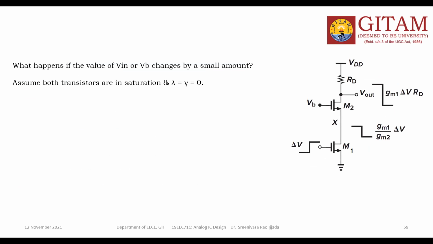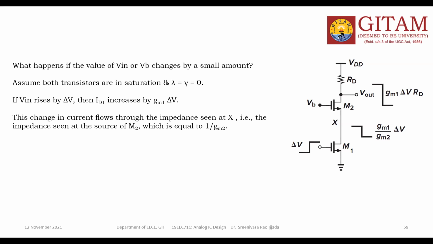Whenever the two transistors' gate potentials, suppose one is kept constant and the other varies, what happens in the output? For this configuration, the M1 gate is changing and M2 is fixed at some voltage. So the same changes at the input of M1 will be replicated in the output.